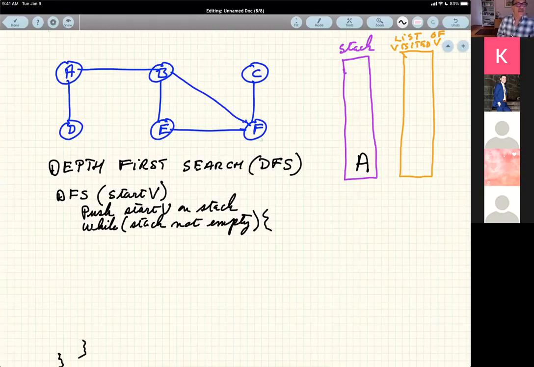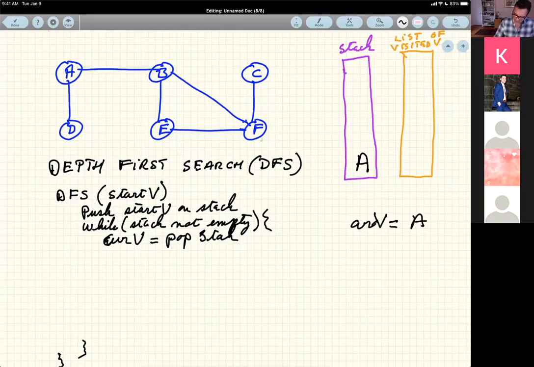Okay. Current V, the current V is equal pop stack. Okay, so that's the current V. In this case, becomes A because I just popped it off the stack.